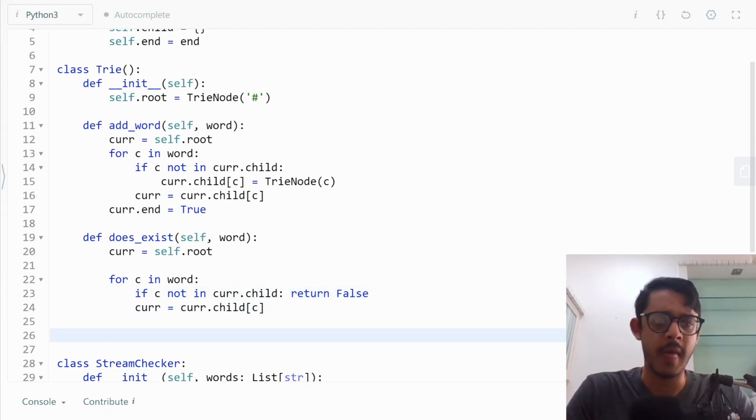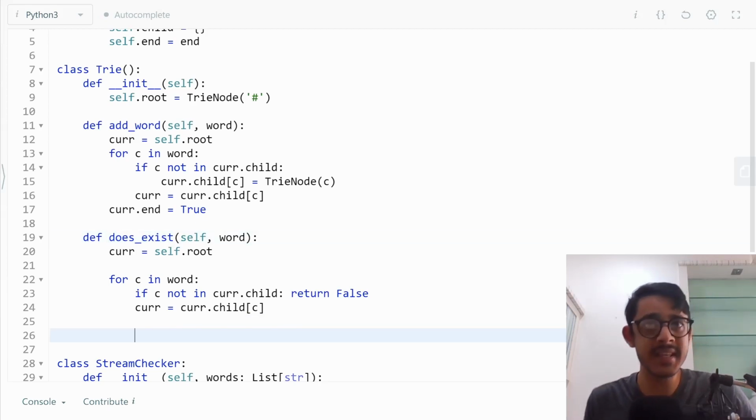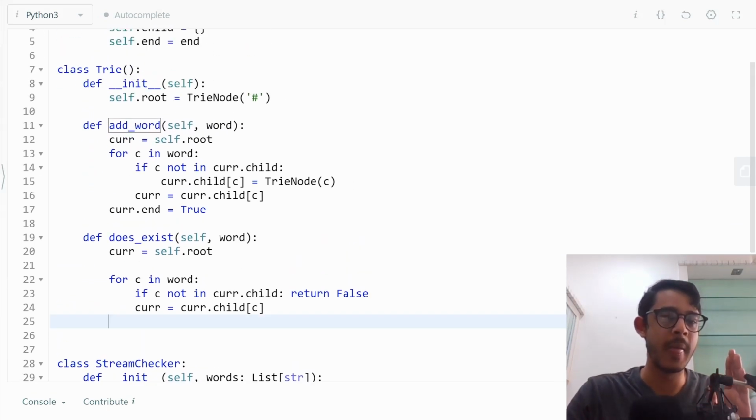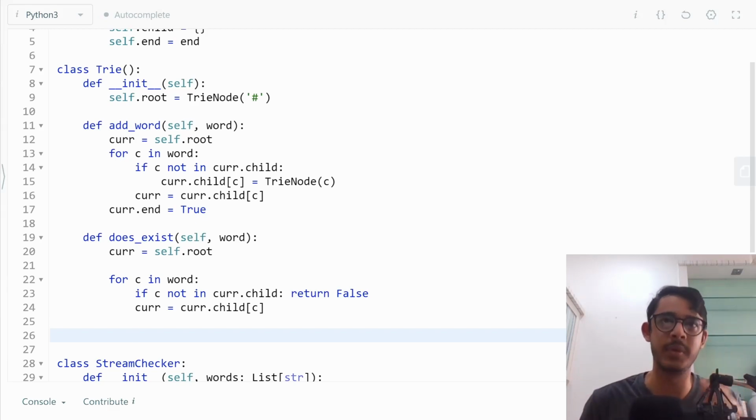All right, cool. There's one more thing now. As we are moving over these characters, what do we want to keep on checking? What's the point of doing all of this? The point is that I want to ask the question, is there a suffix of the word that exists inside of this data structure? And how can I detect that? I want a way to figure out that there is a word that we added early on that ends at this particular character.